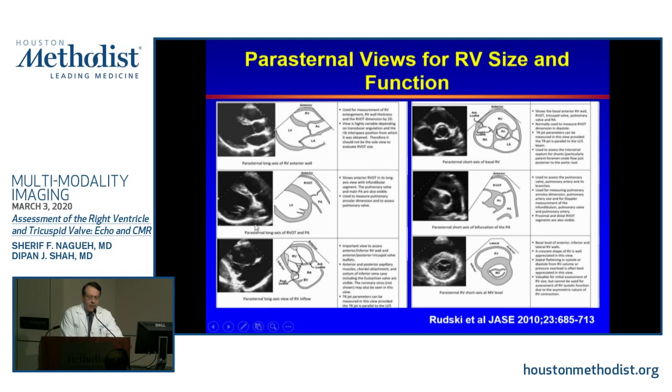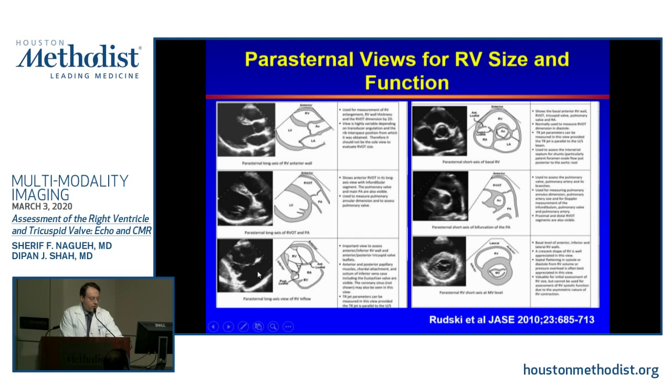Then we are still in the parasternal window, and we get another view that can show us in a long axis the RV outflow tract, the pulmonic valve, and the beginning of the pulmonary artery. You can align with flows here, and you can examine what is happening in the infundibulum, say in someone with infundibular stenosis.